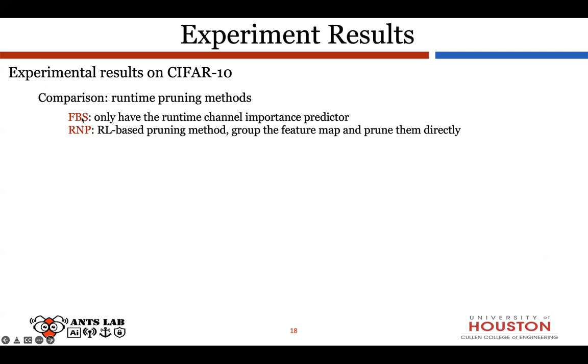In this method, we have the runtime channel importance predictor, and we use this predictor to determine which channel we need to prune. And the other one is RNP, which is still a reinforcement learning based pruning method, where they group the features during the training and prune them directly.